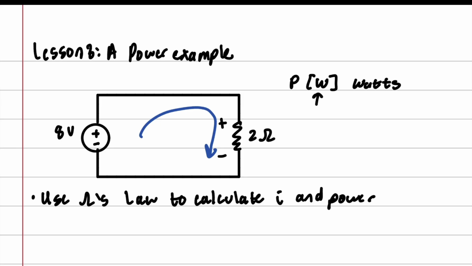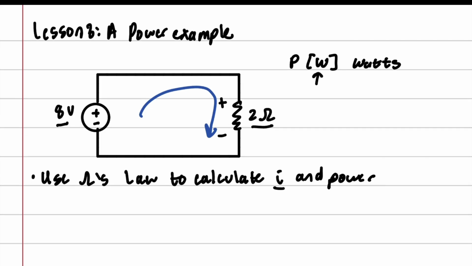Now, we are given this extremely simple circuit. It just has a 2 ohm resistor and an 8-volt battery. Basically, we want to use Ohm's law to calculate the current I and the power.